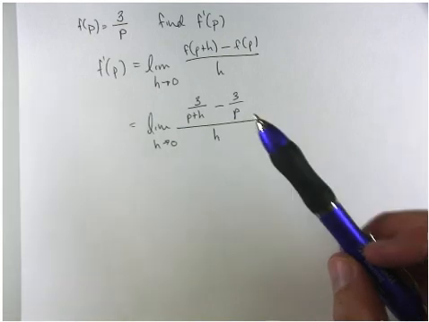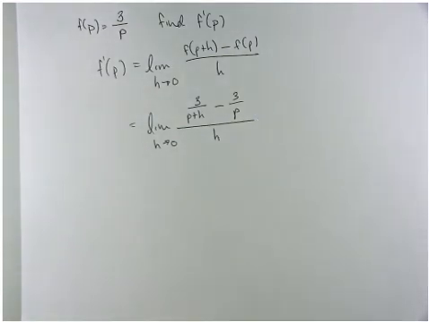There is a kind of standard procedure that we might use in order to get rid of these compound fractions, these fractions inside of fractions. How might I get rid of it? How might I try to simplify this so that I don't have fractions in fractions?